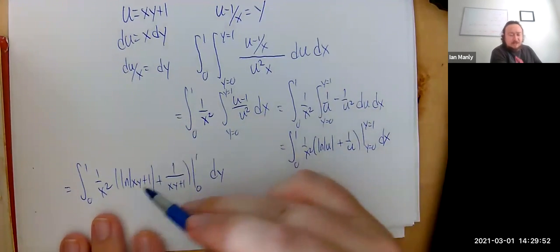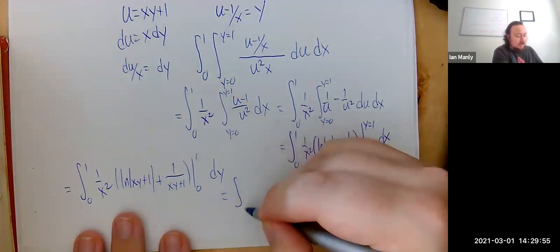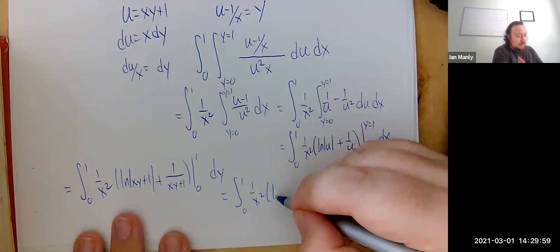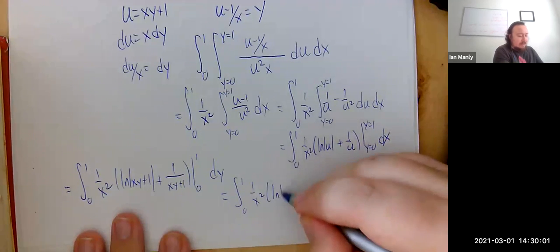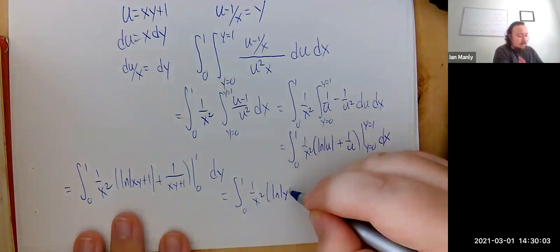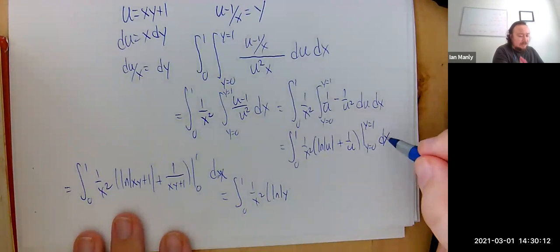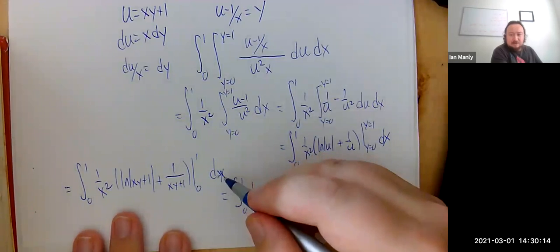So now if we plug this into here, what are we going to get? Well, let's see. We're going to have natural log of absolute value of y. Oh, sorry, we just did the x integral, right? Wait, no, this was dx. Okay, yeah, that was dx right there.